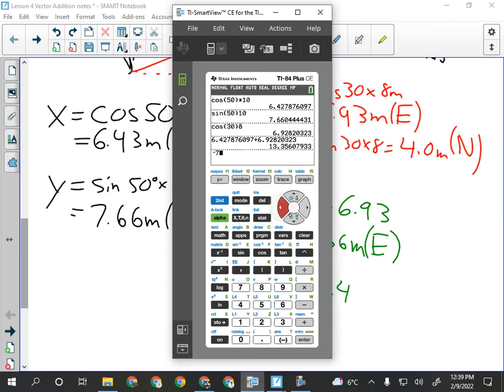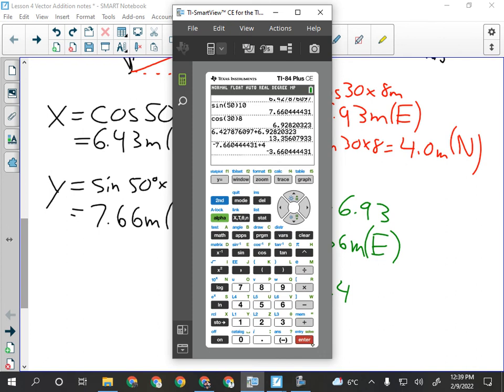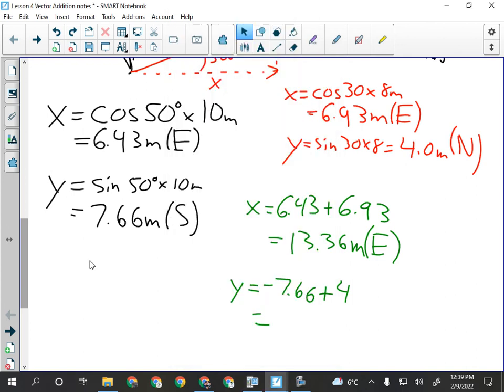Oop. I've got to take the whole thing. I've got to have the full numbers here, and plus 4. It's going to be 3.66 negative. It'll be 3.66 meters south.